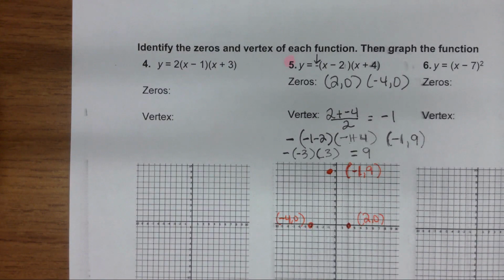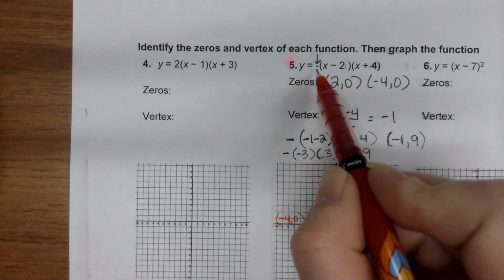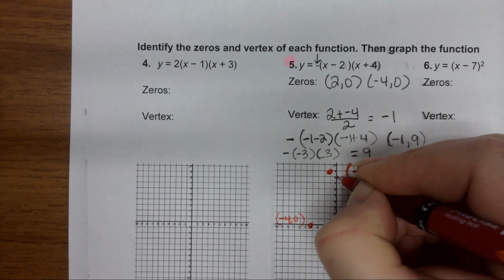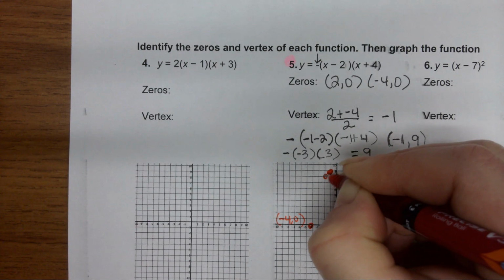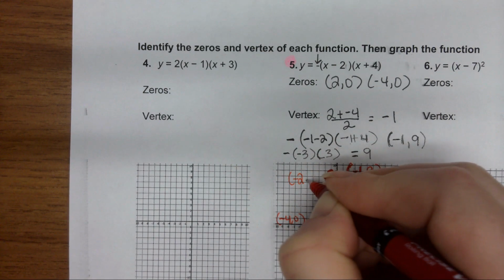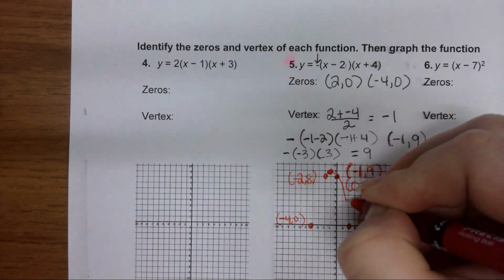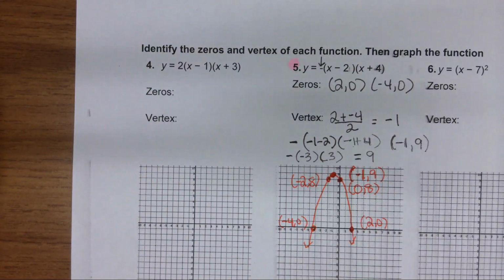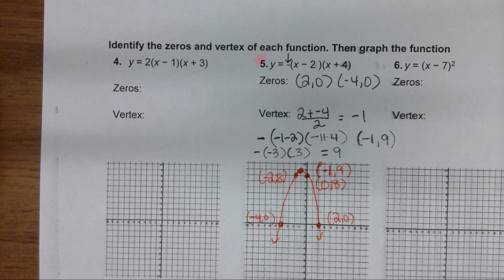Okay, and then I'm going to use this negative 1 in front. From the vertex, I'm going to go over 1, down 1. That gives me the coordinates 0, 8 and negative 2, 8. And then I'm going to draw my parabola through those points. Do you understand what we're doing? Okay. So that is what you're working on, 1 through 6.